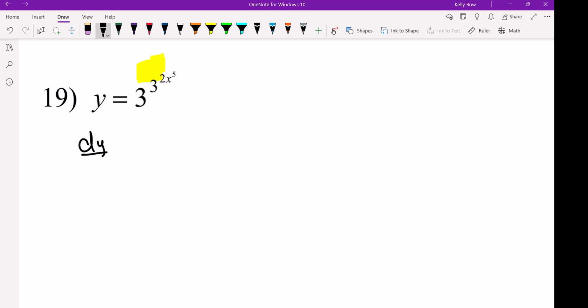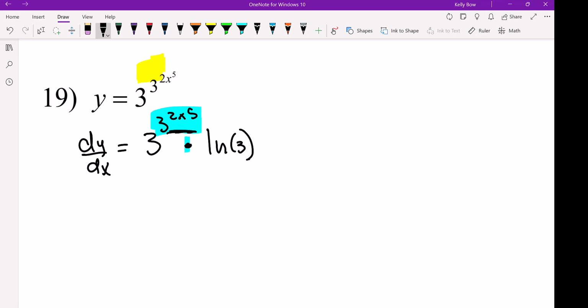Okay, now we've got kind of another double thing going on. So dy dx, we write the original. But now, and by the way, before we go further, this base is 3, so the natural log of 3. Now we're going to start here.